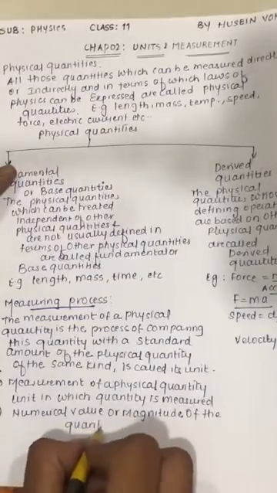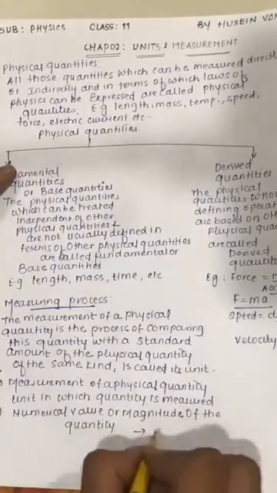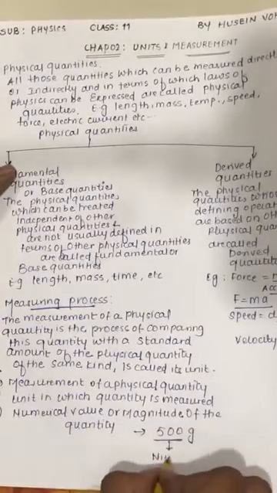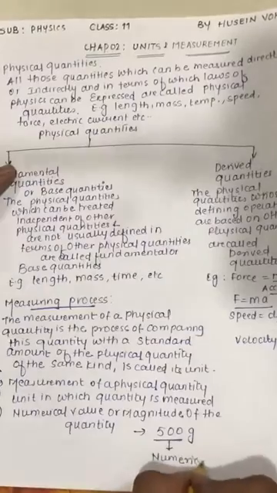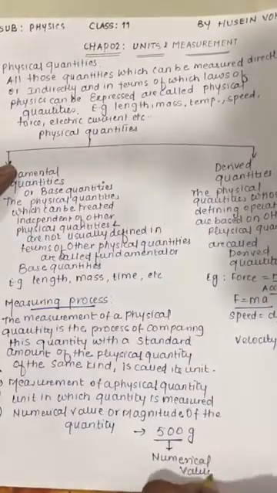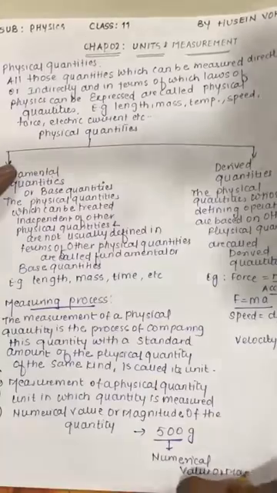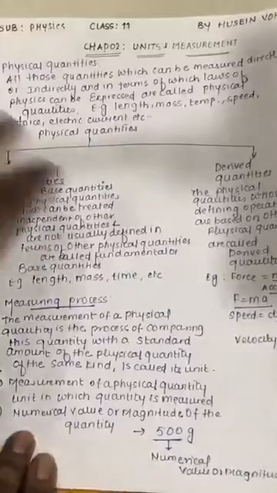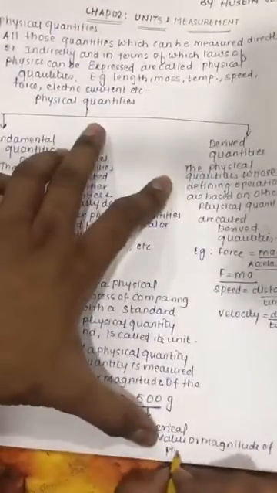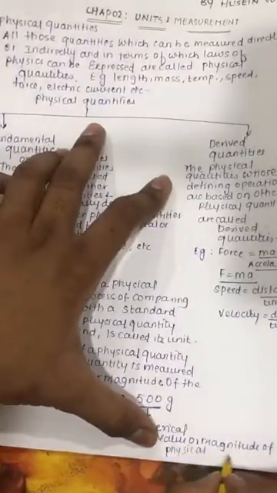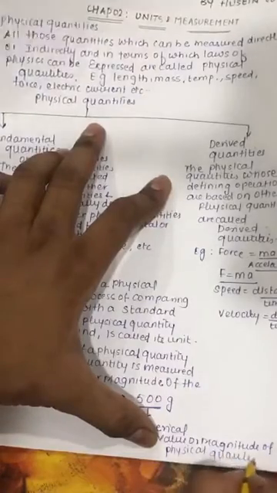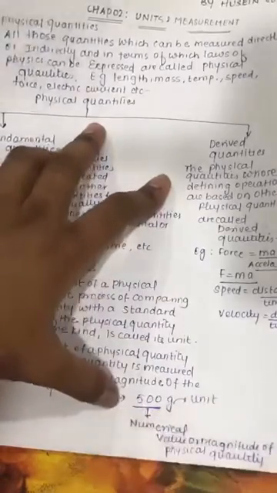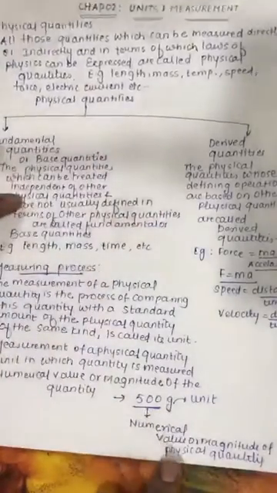For example, 500 grams: this 500 is the numerical value, or magnitude of the physical quantity, and this g is your unit. You have to keep this in mind while measuring.